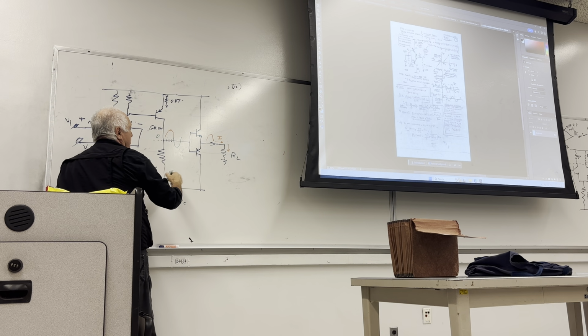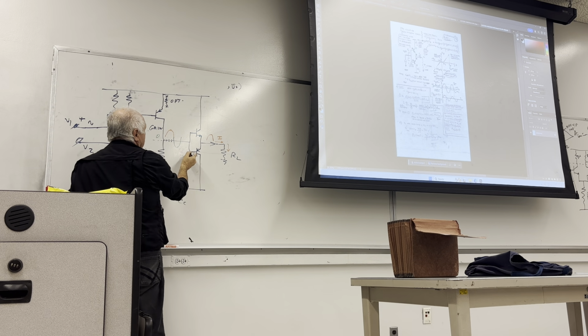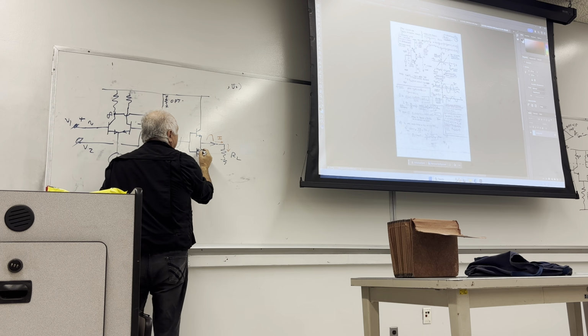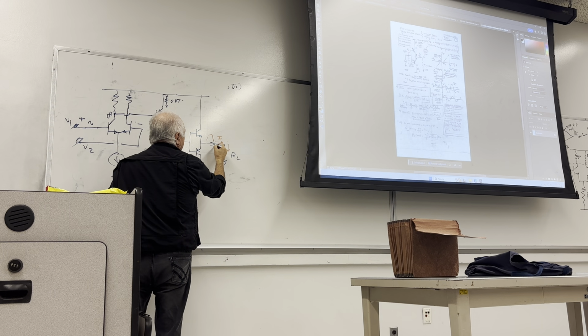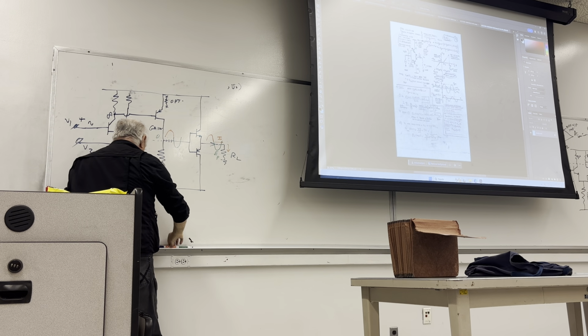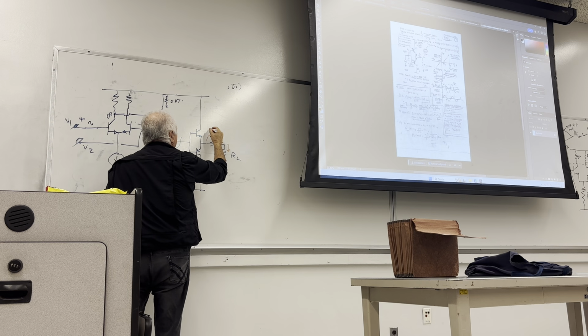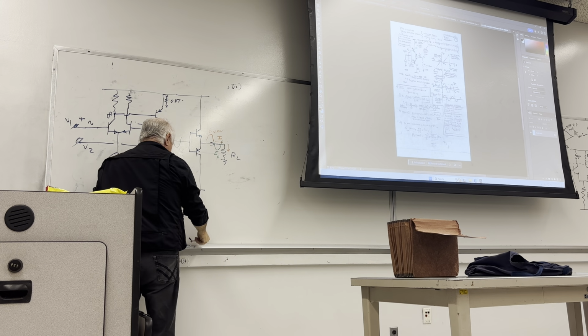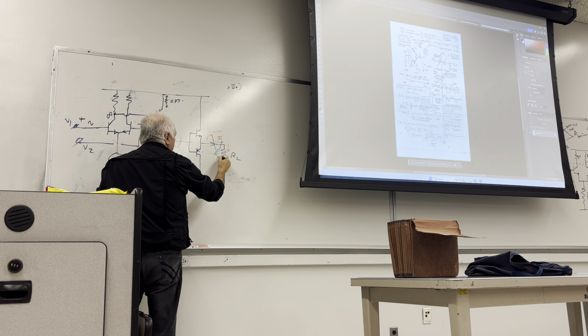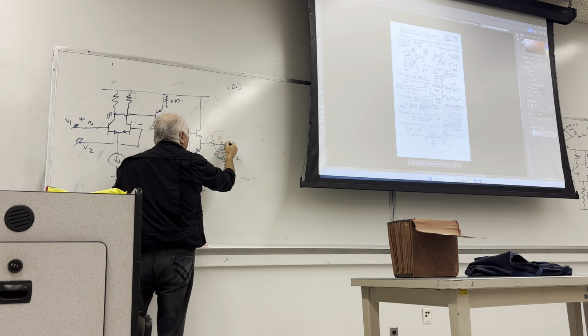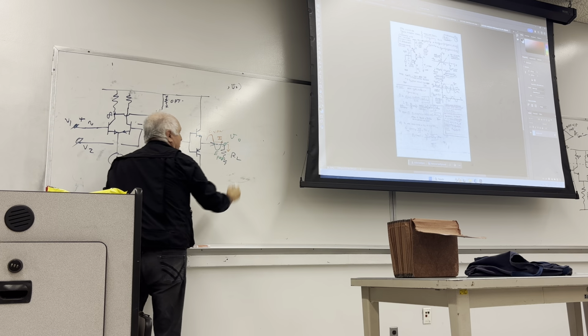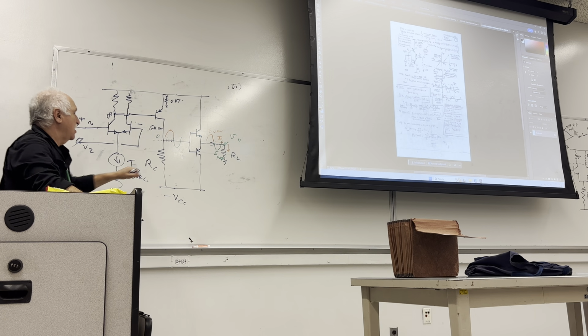For negative input, the voltage in here will go negatively. The emitter there will follow that negatively. So this is the emitter of the PNP, but that one is the emitter of the NPN. So this is PNP, that's the NPN. That will constitute your final output voltage.